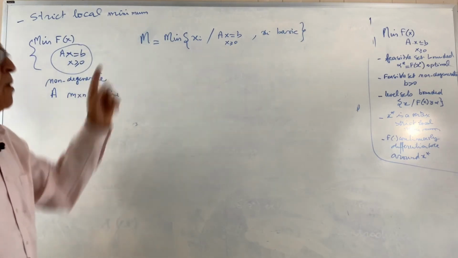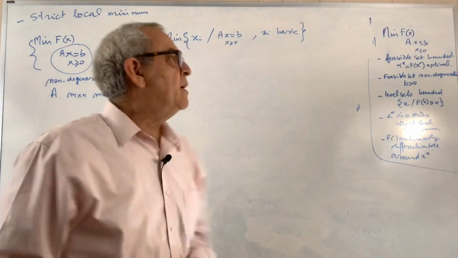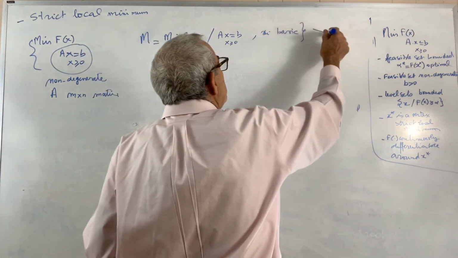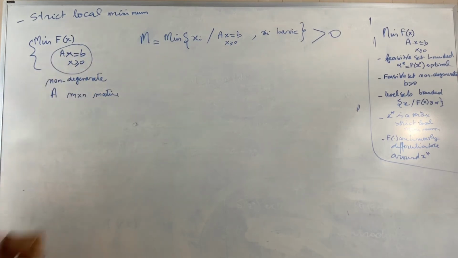So M is the smallest possible value that a basic variable can take. This is strictly bigger than 0 because we're assuming non-degeneracy of this set.